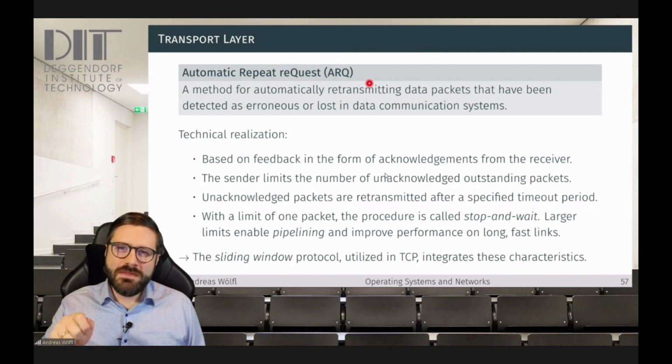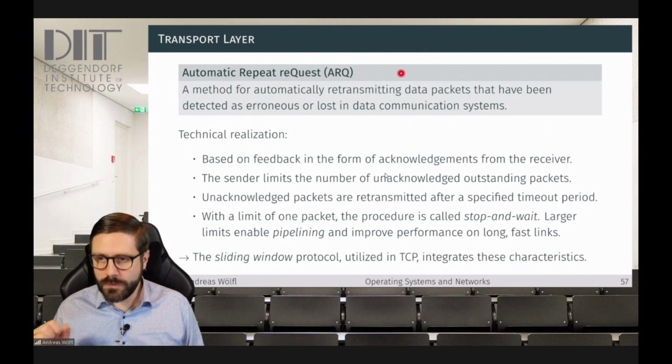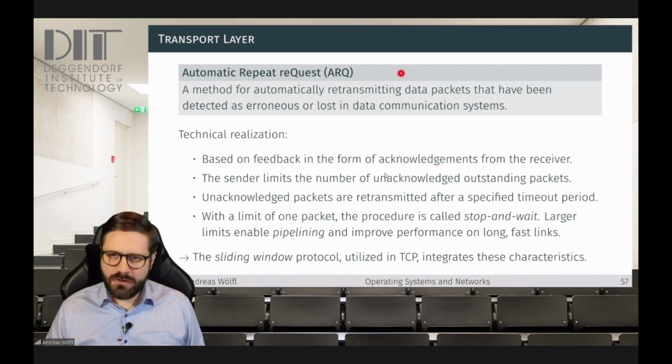And if within these 150 milliseconds there is no acknowledgement coming back from the receiver to the sender, then the sender assumes that the packet was lost and automatically retransmits it. Automatic repeat requests based on a timeout. And if an acknowledgement gets back, then the sender knows, well, this packet was acknowledged, nice, I'm sending the next one.